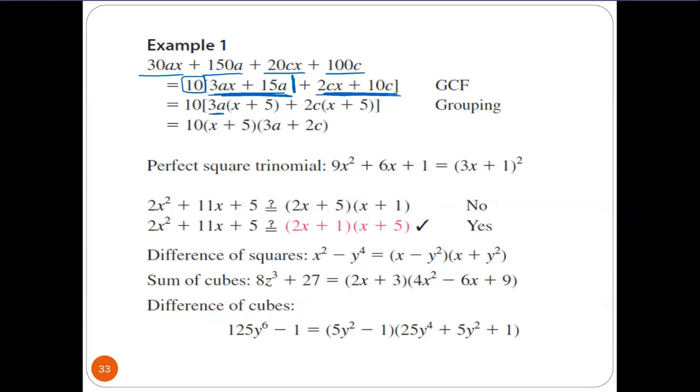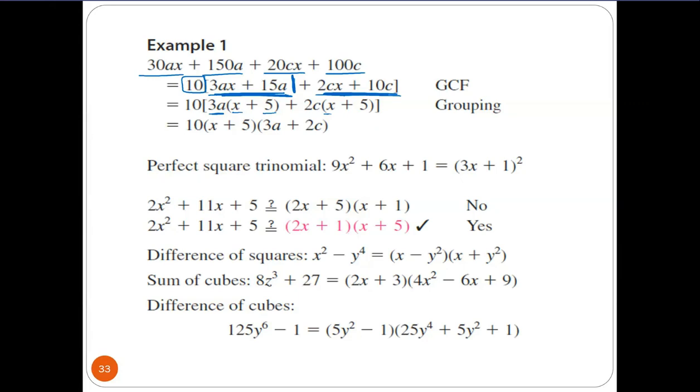Now 3a, we already took it as common factor. We have x and 5 because 15 divided by 3 is 5. From the second group, we can take 2 and c. 2c taken as common factor, we have x, and from 10c, we already took c, 10 over 2 equals 5.